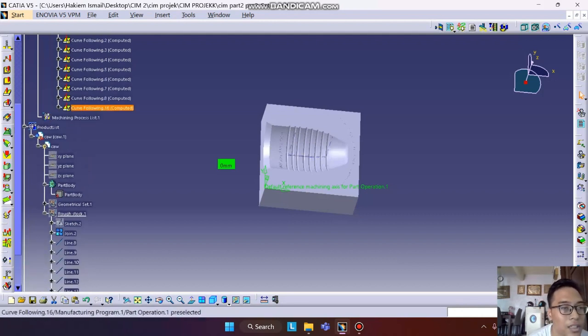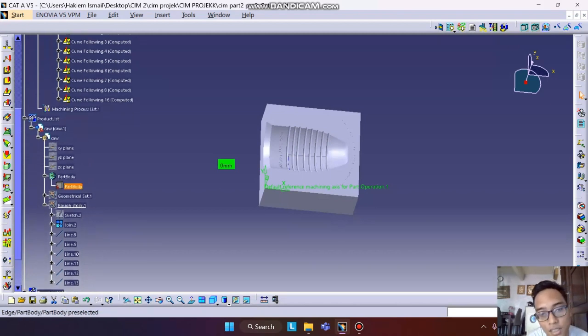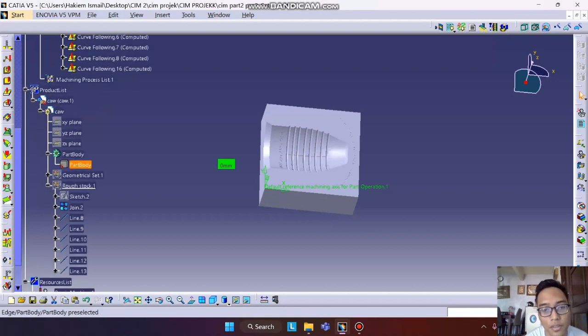Sorry, for the curve following 16, because this is the last part of the curve following, we should make a line inside of this component.